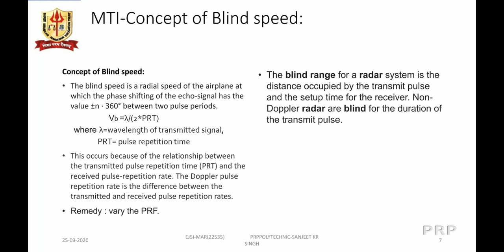If the pulse repetition time or the pulse repetition frequency is varied, then we can detect the moving target easily. The blind range for a radar system is the distance occupied by the transmit pulse and setup time for the receiver.